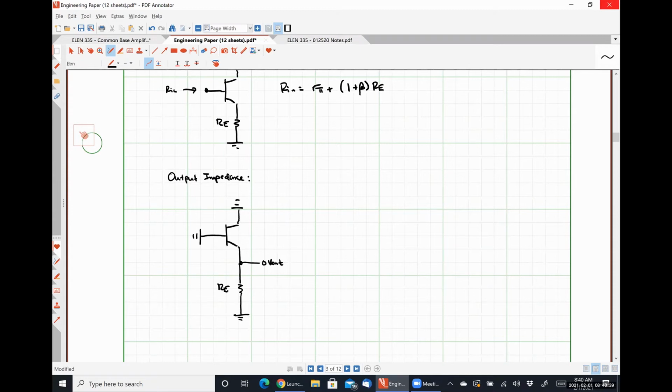This is the only one we've ever taken the output specifically at the emitter terminal. So we are going to need to apply our small signal model here, I believe.